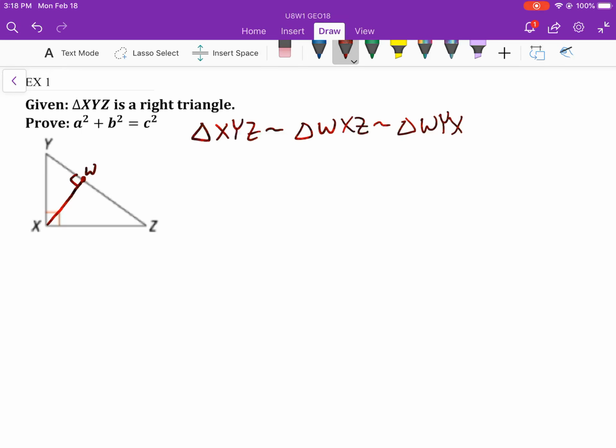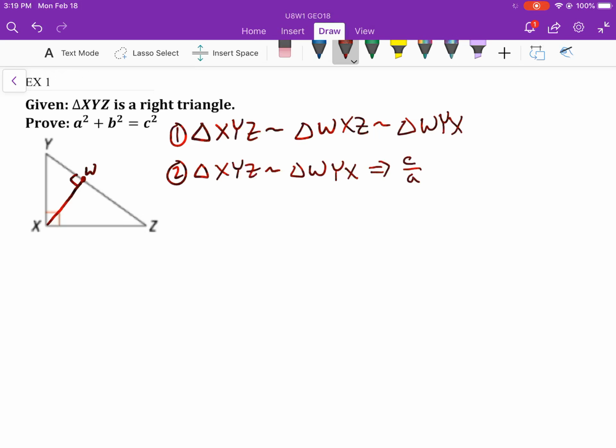So then, because triangle XYZ is similar to triangle WYX, we can say that C over A is equal to A over E.